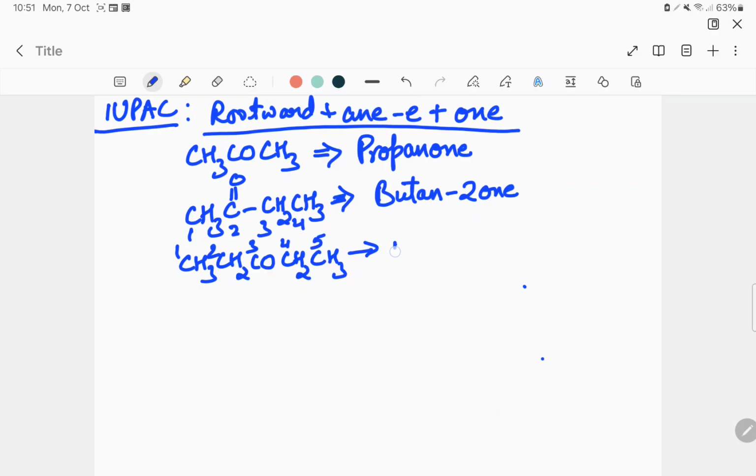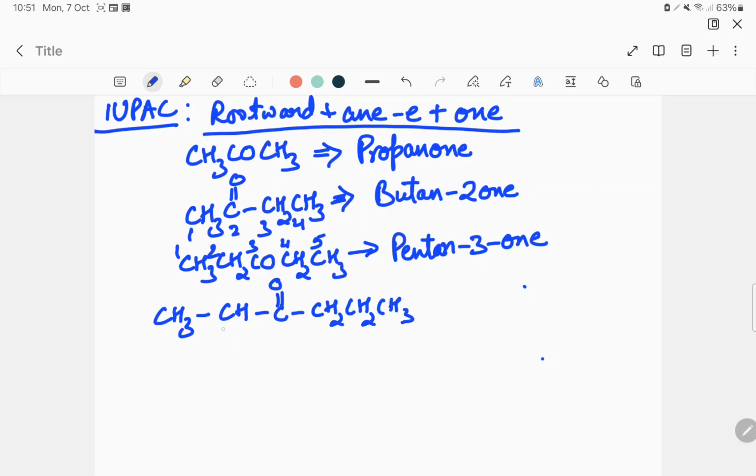So this will be pentan-3-one. Now consider this compound we have.